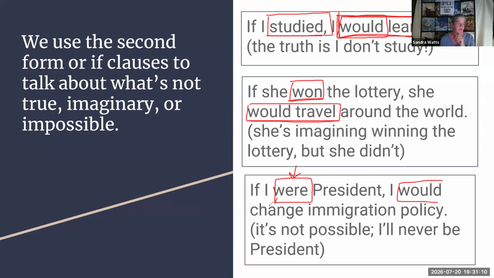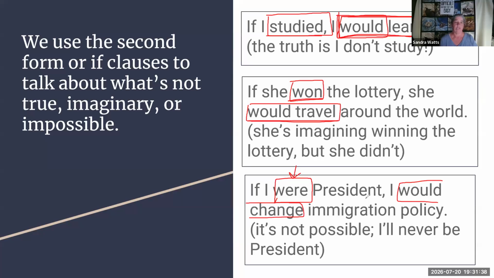I would change. I can't say will because I'm saying something that's not possible or not true. So I can't say will. Because will is like true. Yes. So you would, not will.